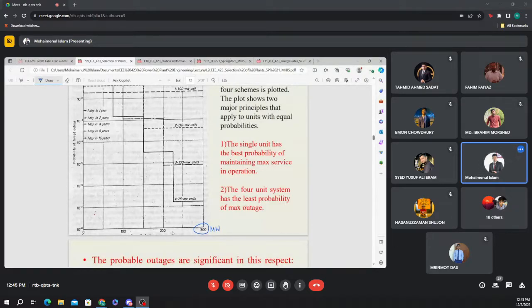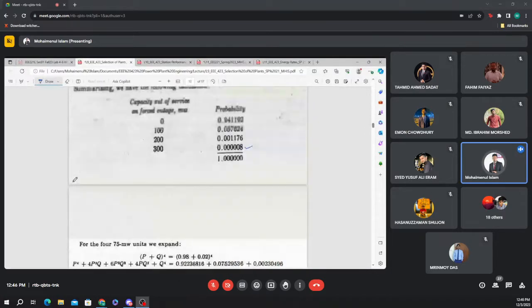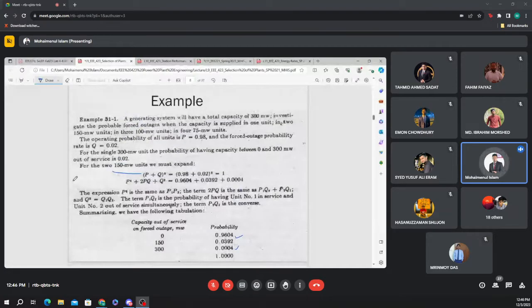So this is 100, this is 200, this is 300. If you have one single 300 megawatt unit, that unit shows a forced outage probability of 0.02, right? In the first value, it is given: Q equals 0.02.